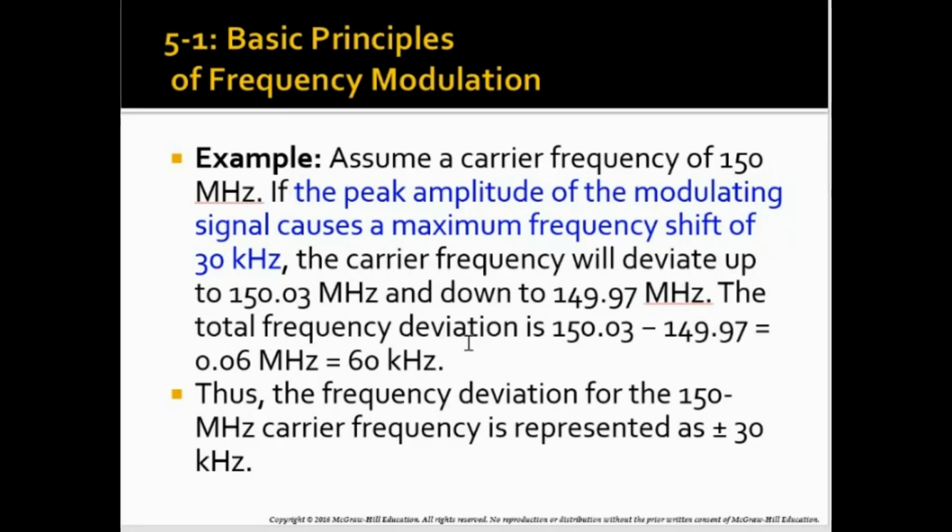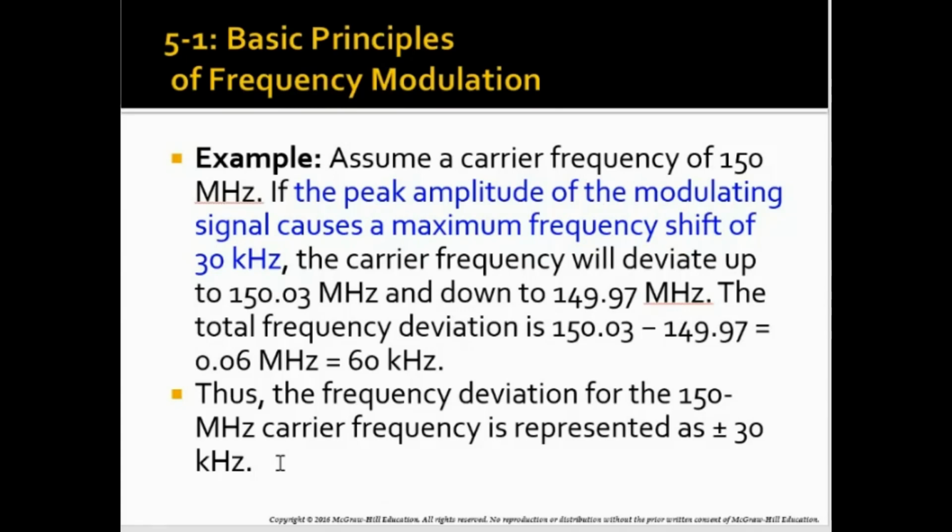So the total frequency deviation, the higher frequency minus the lower frequency, becomes 60 kilohertz, which is 2 times the maximum shift in your modulating signal. So then we can say that the frequency deviation for the 150 megahertz carrier frequency is plus minus 30 kilohertz.